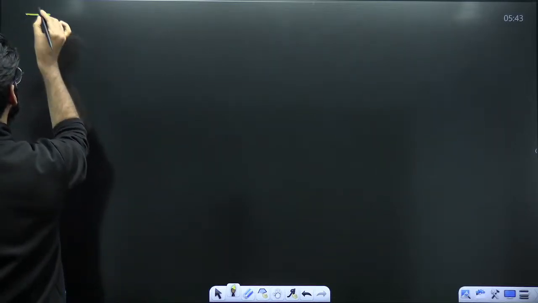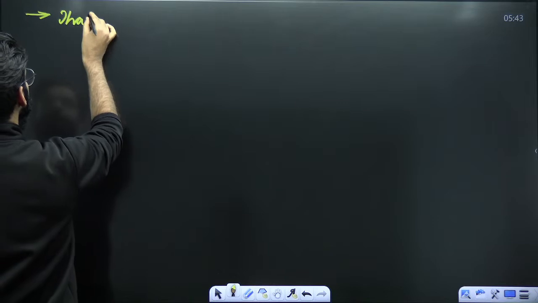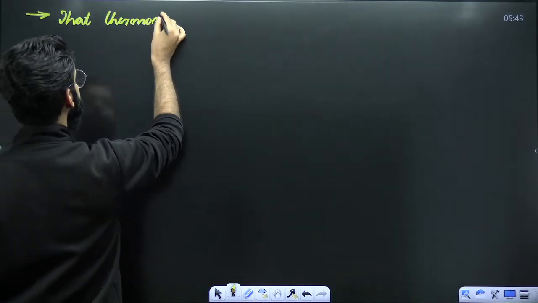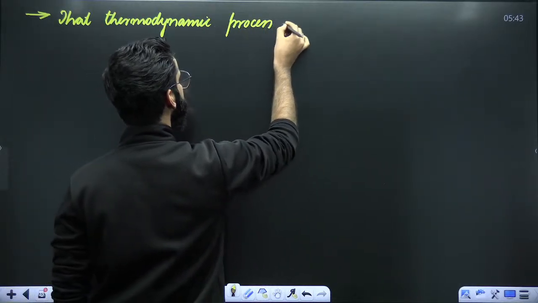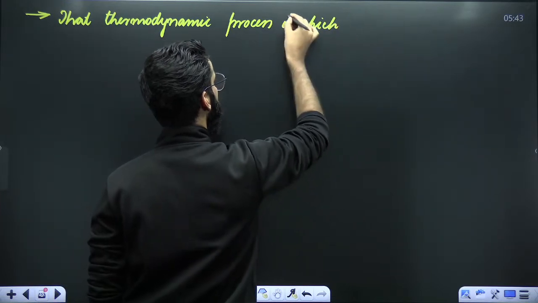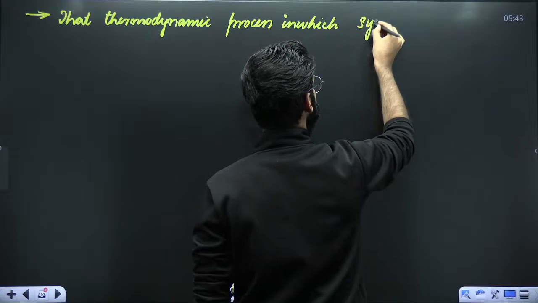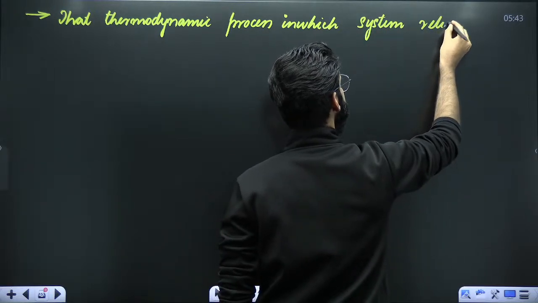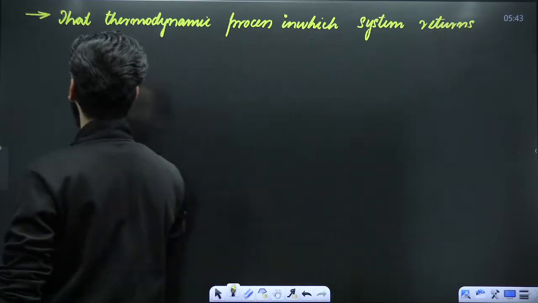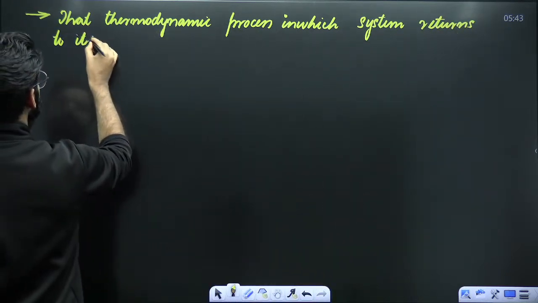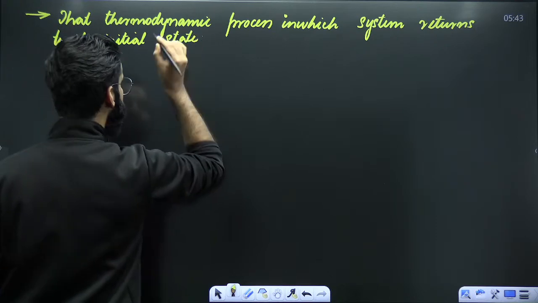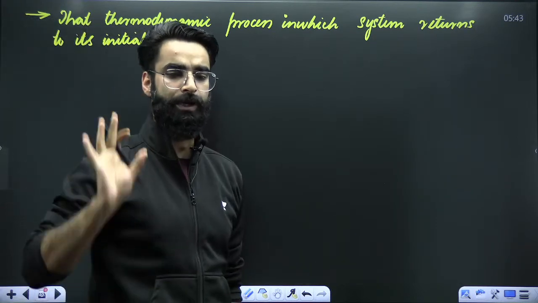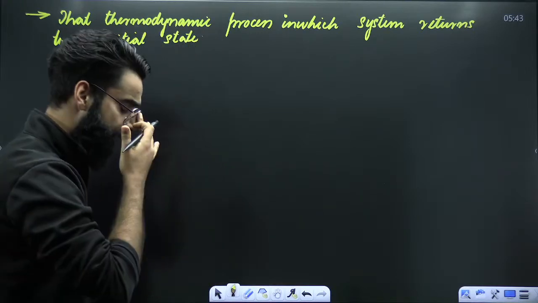First of all, as far as the definition of a cyclic process is concerned, it is defined as that thermodynamic process in which the system returns to its initial state after going through a lot of steps. Now, what does that mean?